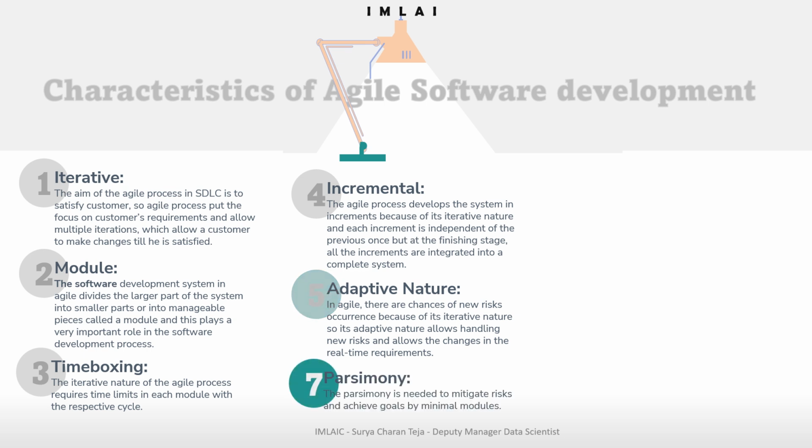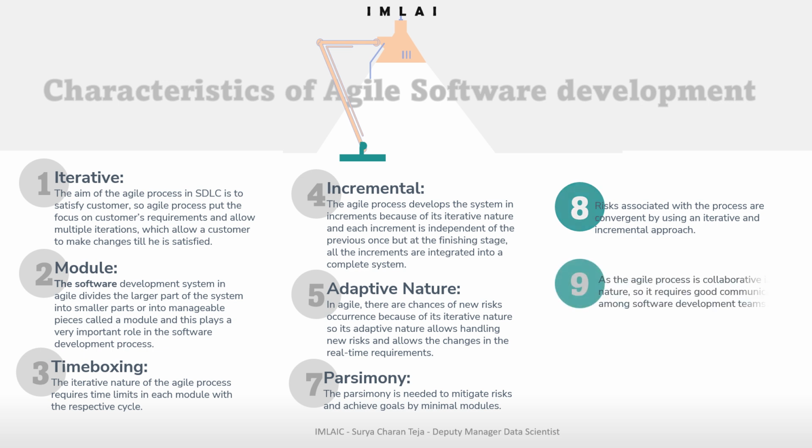And the sixth one is parsimony. Here parsimony is needed to mitigate the risks and achieve goals with minimal modules. And we have risks associated with the processes being convergent by using the iterative and incremental approach. And ninth, as the agile process is collaborative in nature, it requires good communication among software development teams.